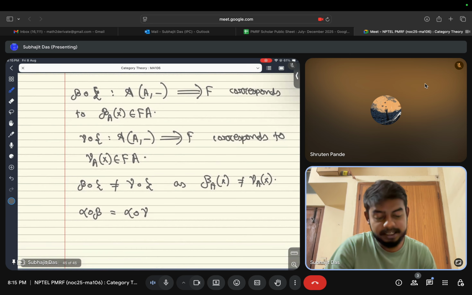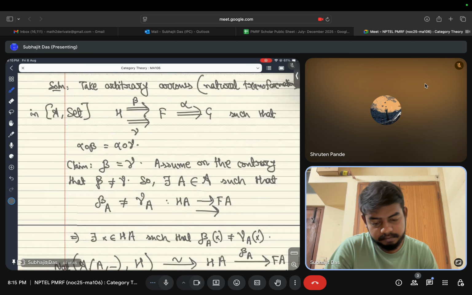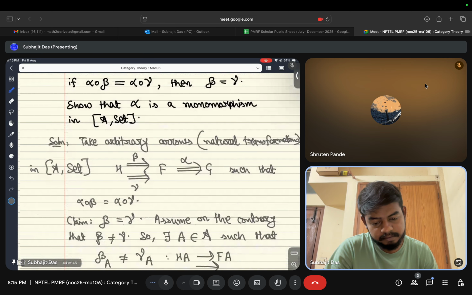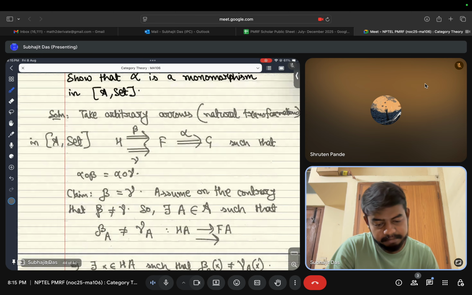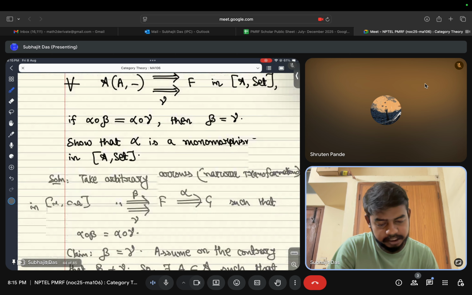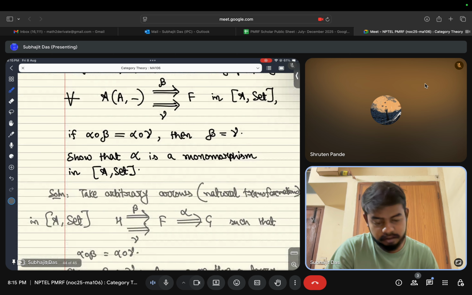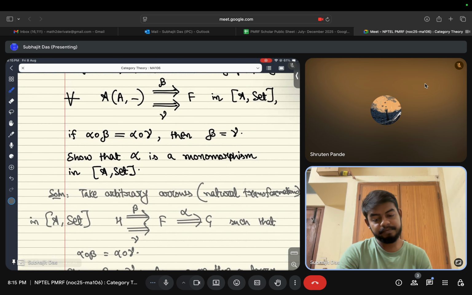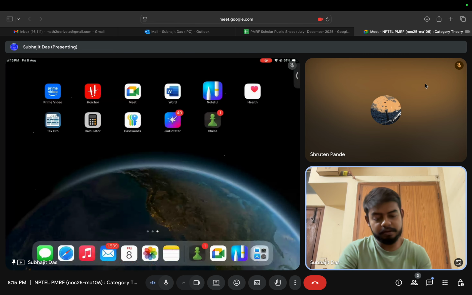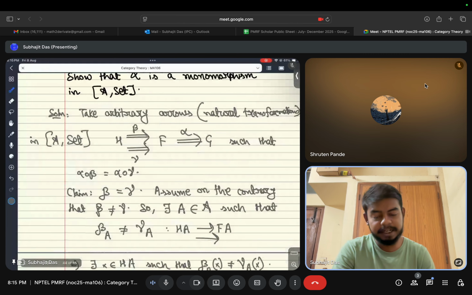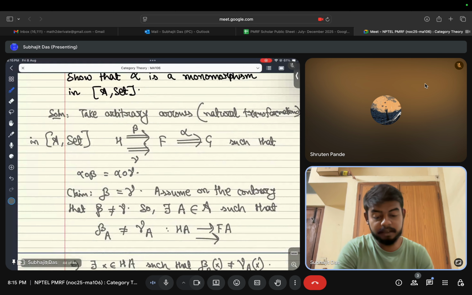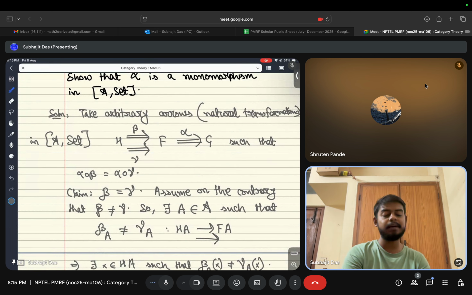Yeah, my question is, okay, I might have messed up a bit. I mean, messed up the notation a bit. So alpha is from f to g, right? Alpha composed beta is alpha composed with gamma.